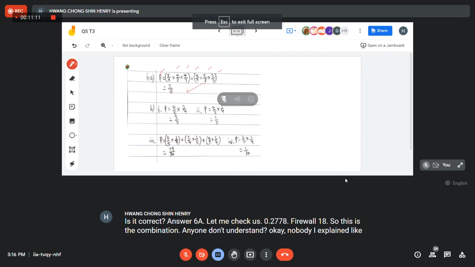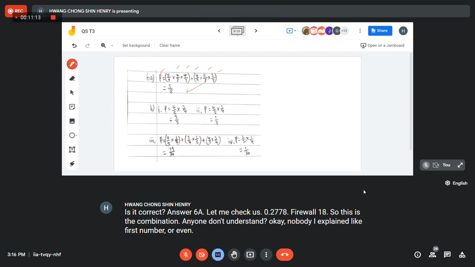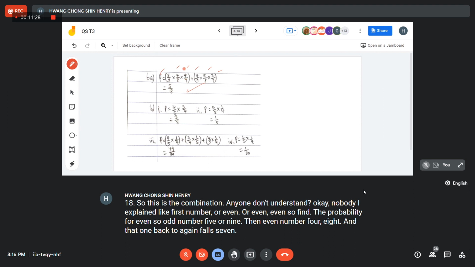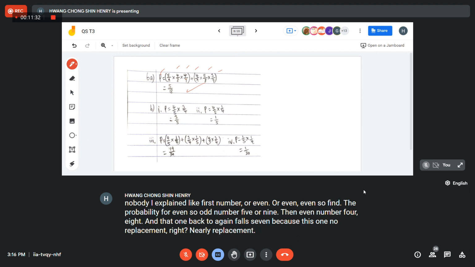First number odd, even, odd, or even, odd, even. So you have to find the probability for odd number 5/9, then even number 4/8, and the third one back to odd again, 4/7. Because this one has no replacement, right? Is there any replacement?